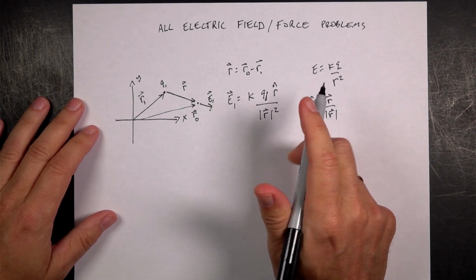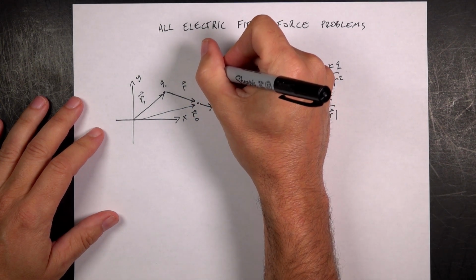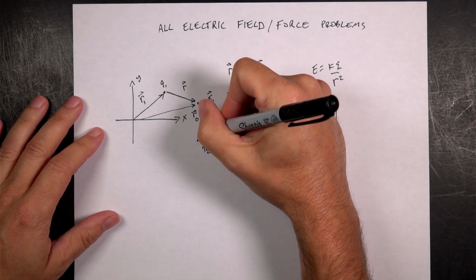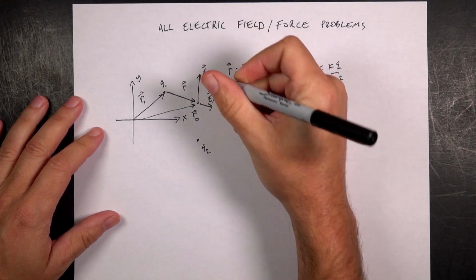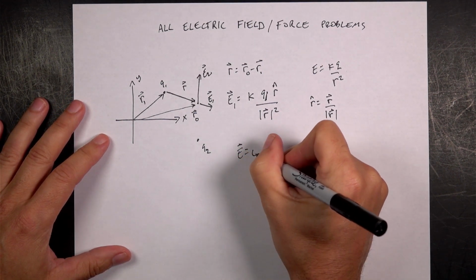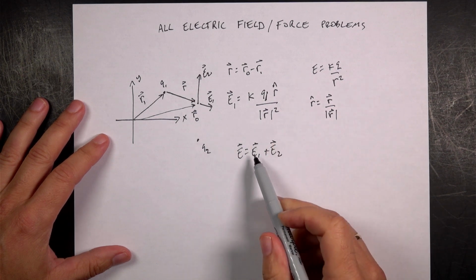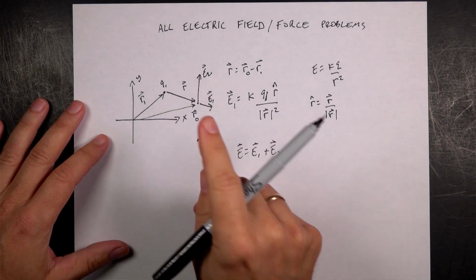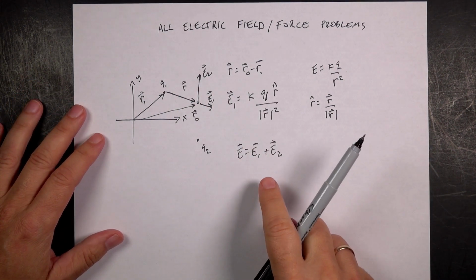Because if I have another charge over here, Q2, then this could create an electric field this way, E2. And if I want to find the total electric field E, it would be E1 plus E2. So I'd have to find both of those electric fields as vectors, right? I can't just find the magnitudes and add them together. That doesn't work.